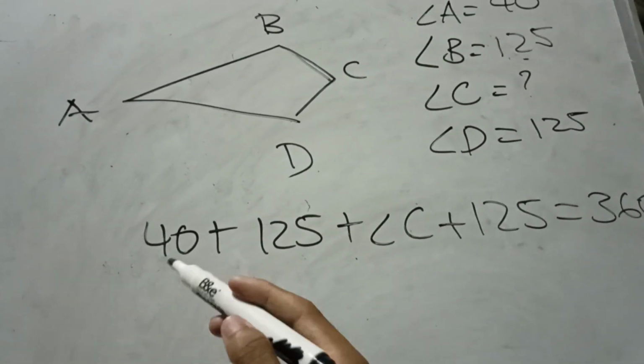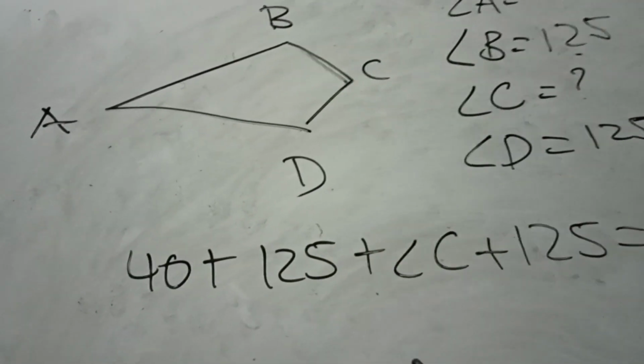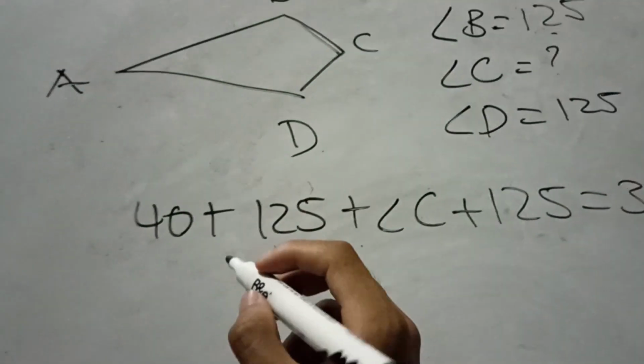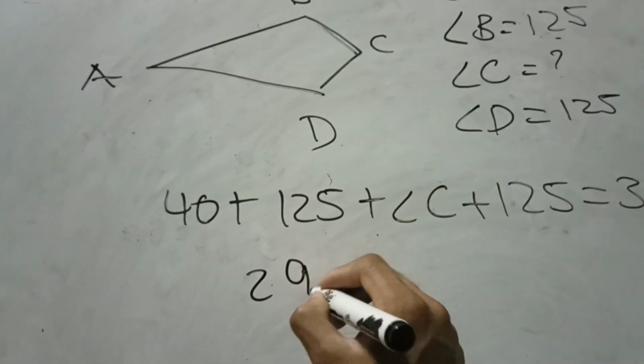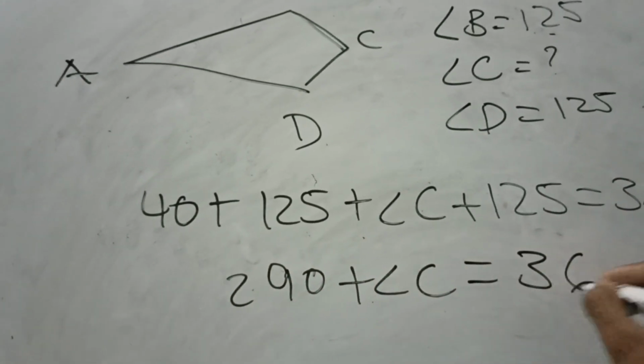Now let us add 40, 125, and 125. That will be equal to 290. 290 plus angle C is equal to 360.